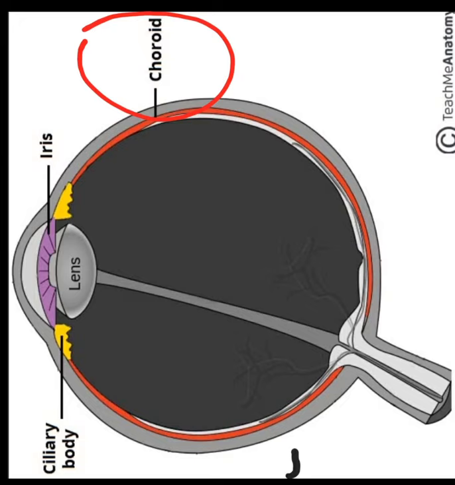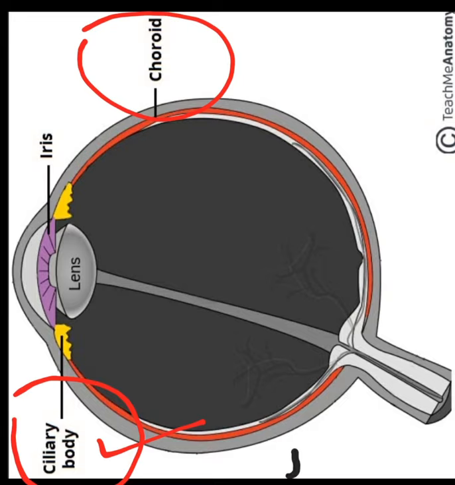From the front side, near the cornea, the choroid layer is expanded to form a body called the ciliary body. This ciliary body contains smooth muscles, circular muscles, which help in altering the shape of the lens according to our requirement to see objects.